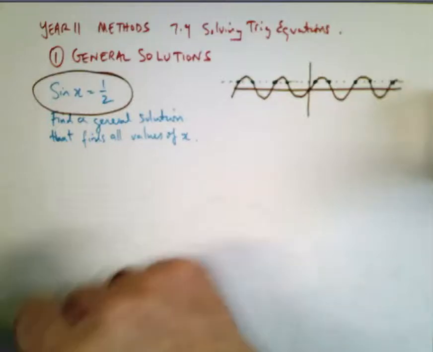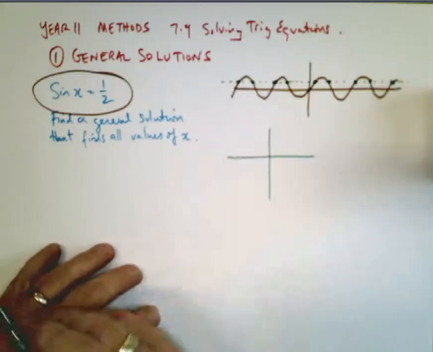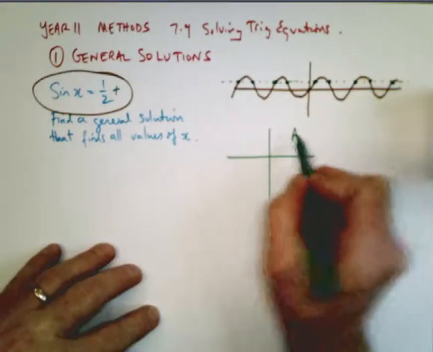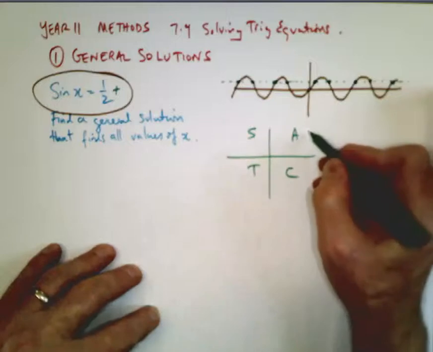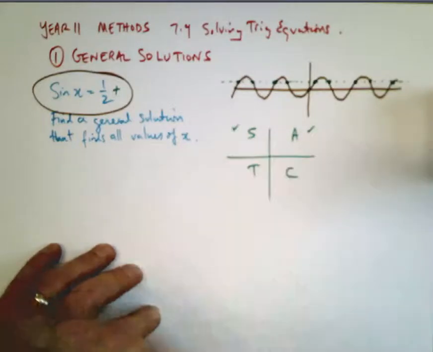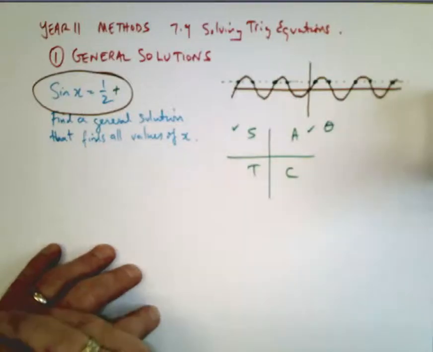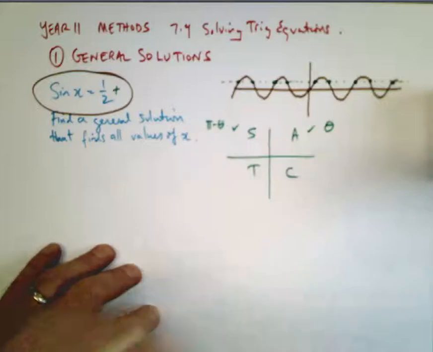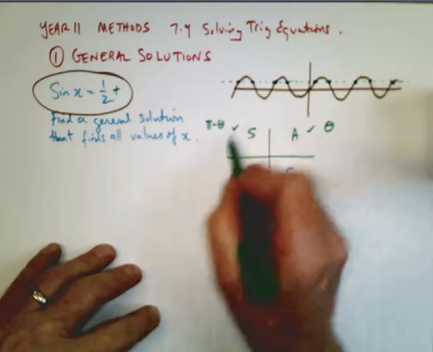Okay, what I'd like to do is consider my unit circle. I'm looking for the sine being positive. All Stations to Carlton tells me that sine will be positive in the first and in the second quadrant. So in the first quadrant I have theta. In the second quadrant I have pi minus theta. That's when I go around once.